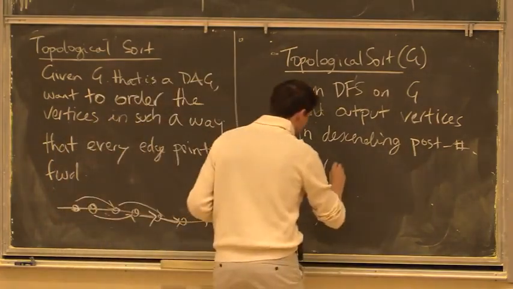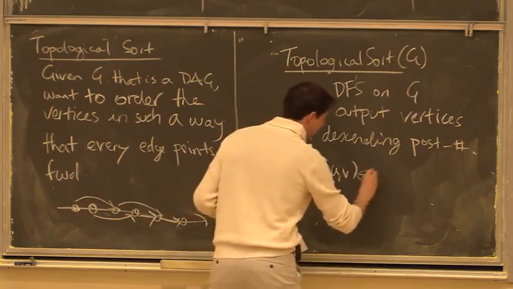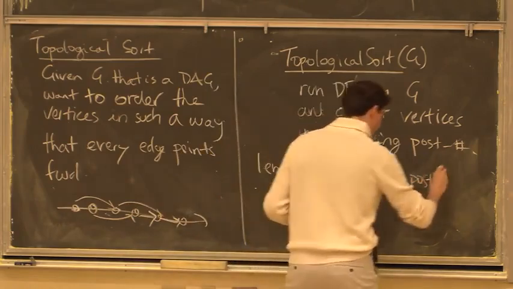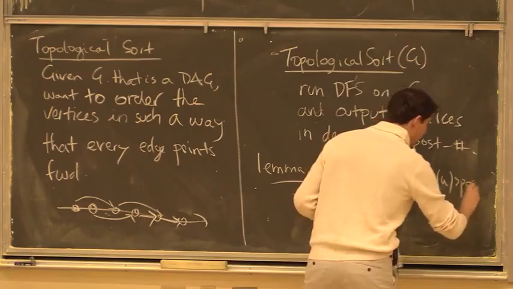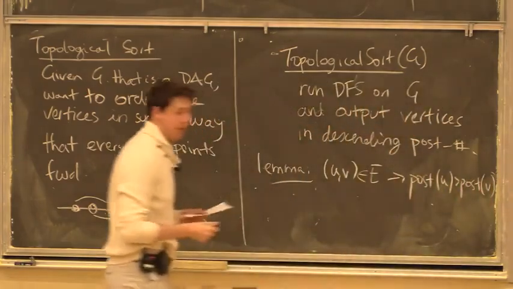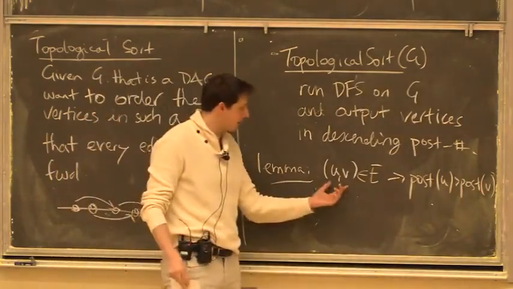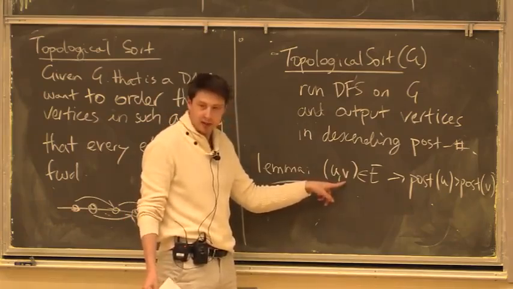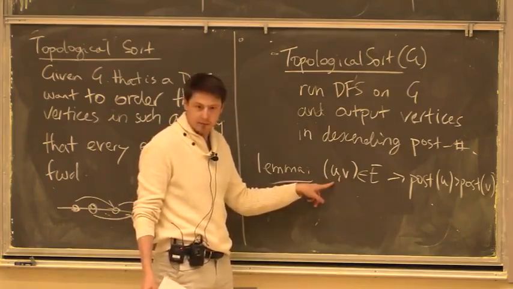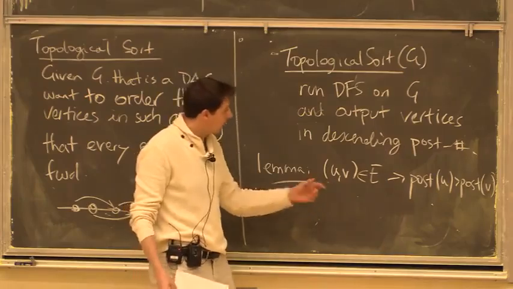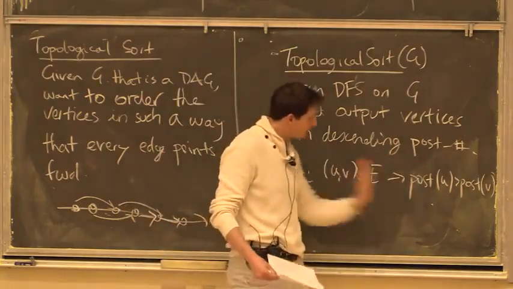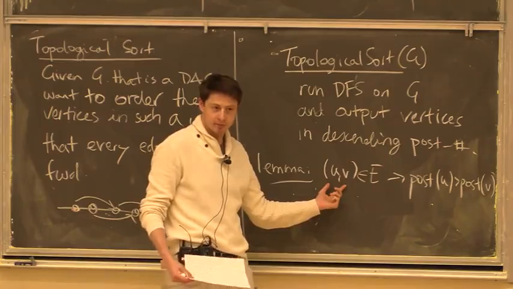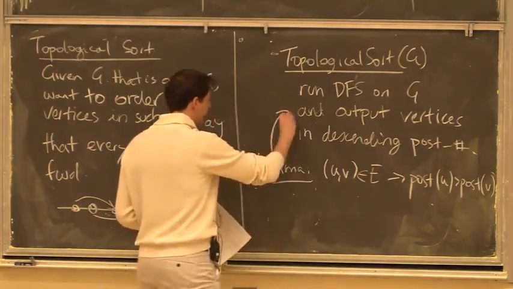But the correctness of this algorithm is the fact that if UV is an edge in the graph, then the post of U will be greater than the post of V. Again, the intuition for this, and maybe that's really the proof, is that V will not be popped off the stack until we're done with U. So if we output post numbers in descending order, we will never violate the direction of the edges. So the correctness is because of this.